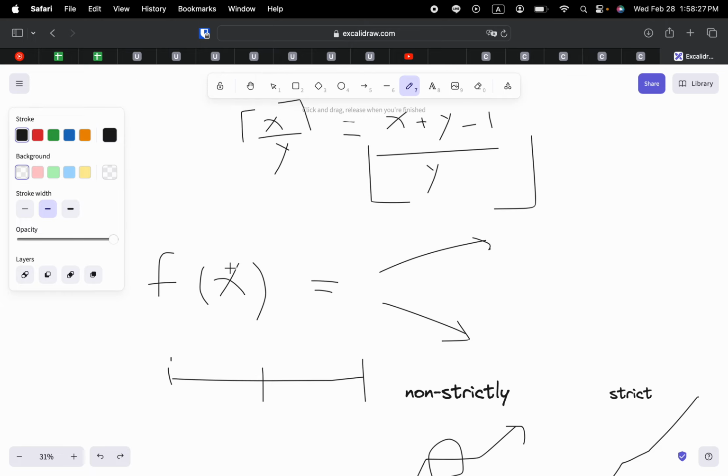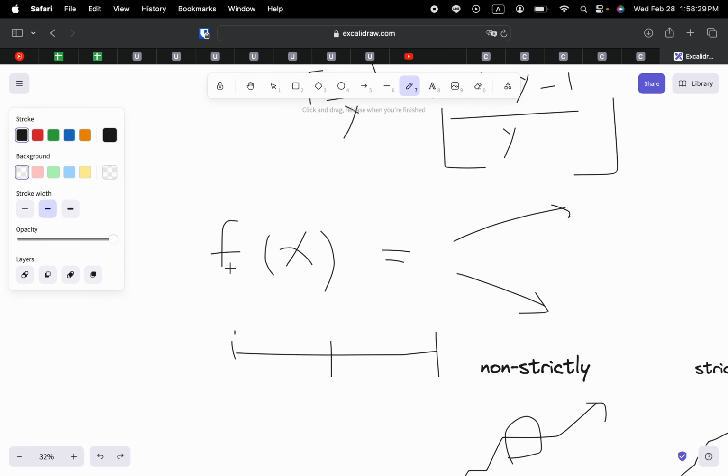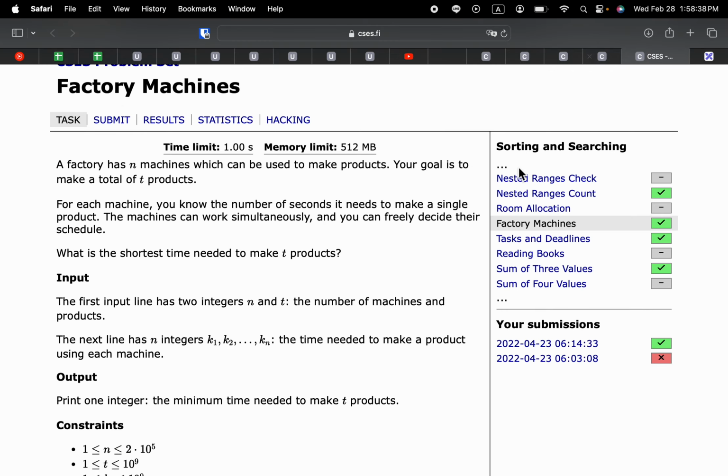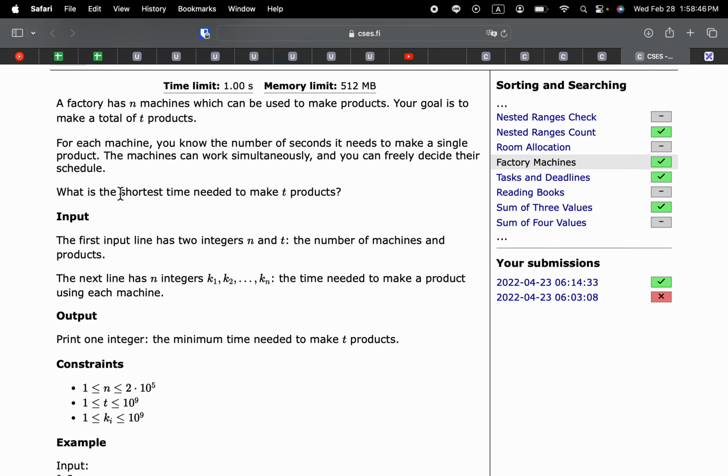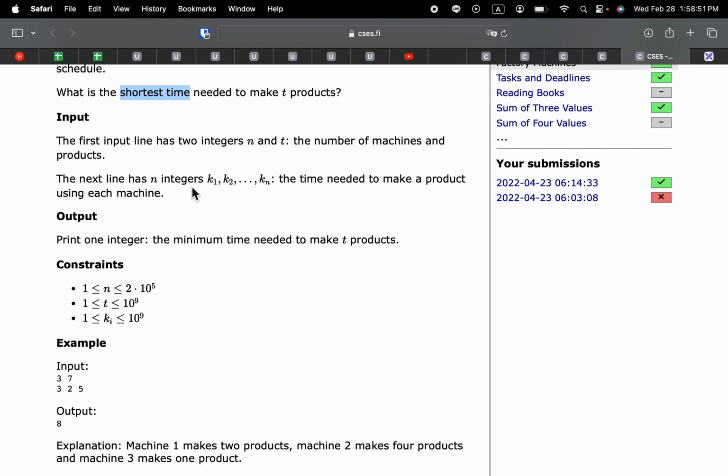Okay. So basically, have you guys written binary search before? Okay. So for this problem, you binary search the time, and then you use the time to compute.